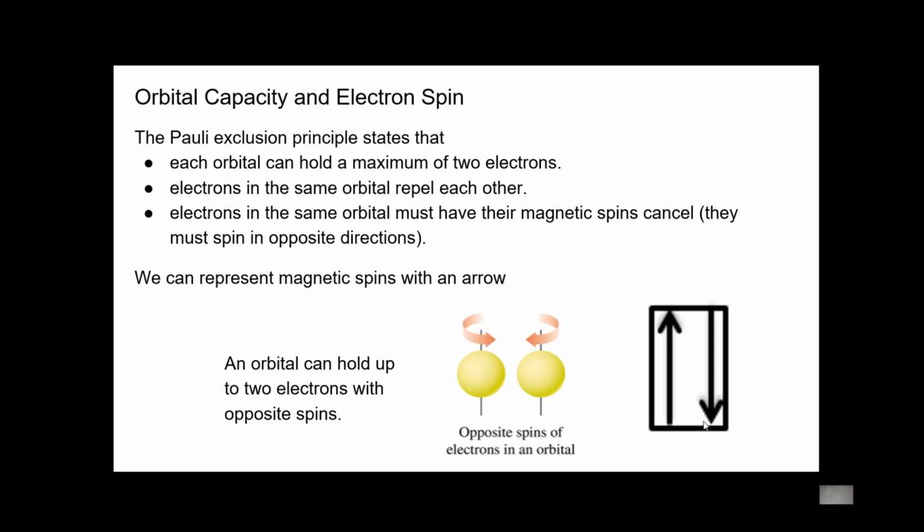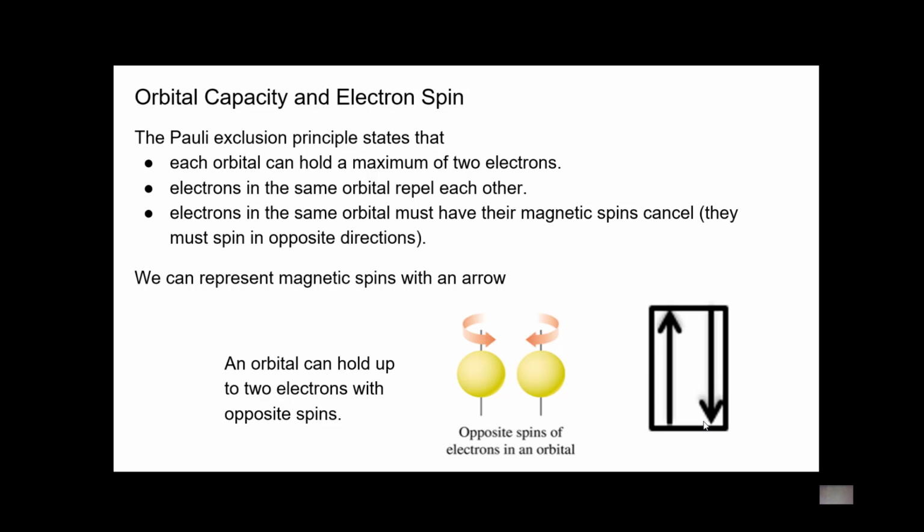You can only put them in opposite directions. And that's the same here. We're going to draw electrons as arrows. That's what the next section will be. You can only add 2 electrons into an orbital, and one has to be up and one has to be down. There's no set way which it has to go, but people tend to write the first arrow as up, and the other one is down.